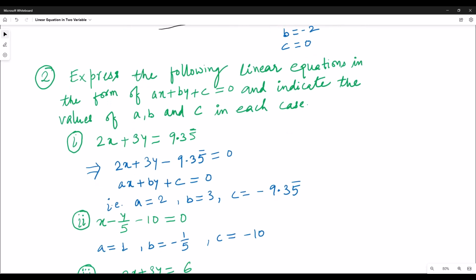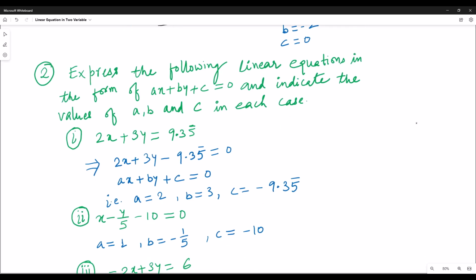So this 9.35 with a bar means it is a recurring decimal. We know from the number system, 9.35 bar means 9.3555, it is repeating. So this is the equation, 2x plus 3y equals 9.35 bar.